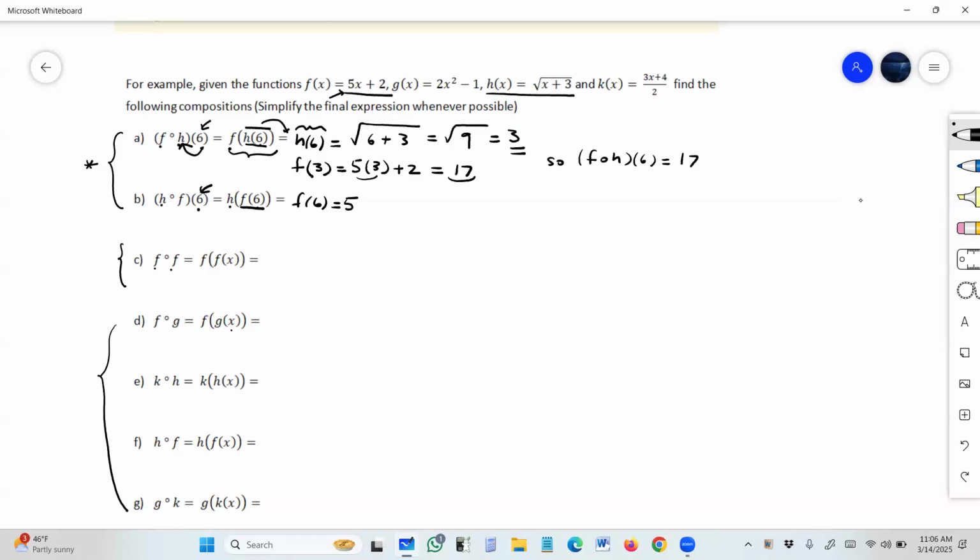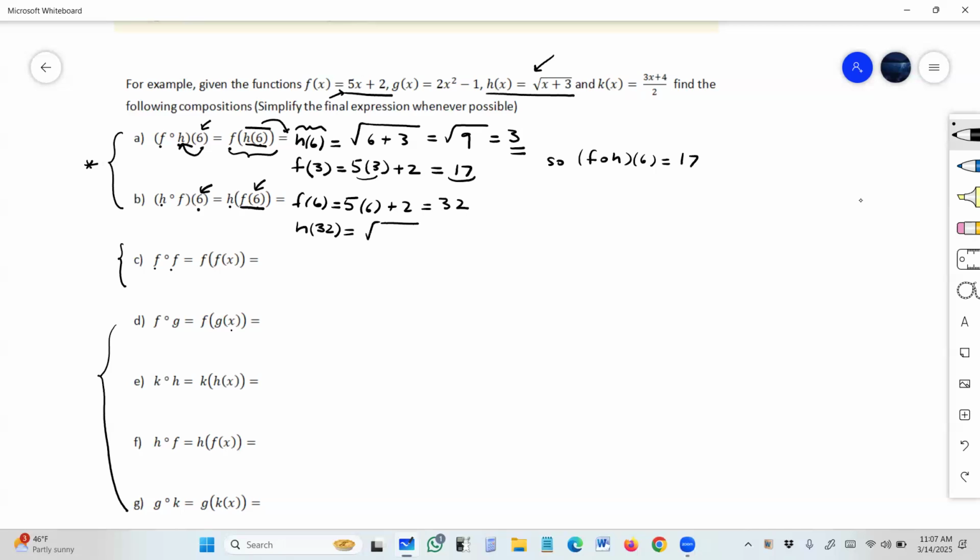I replace x with 6. The function f is 5x plus 2, so 5 times 6 is 30, plus 2 is 32. So f of 6 is 32. Now I replace f of 6 with 32, so I need to find h of 32 using the h function up here.